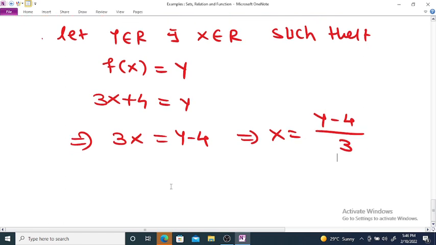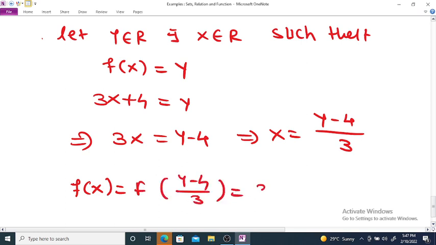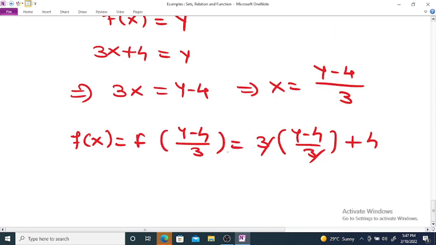So if we take x equal to (y minus 4) by 3, then f of x, which is equal to f of (y minus 4) divided by 3, is equal to 3 times (y minus 4) divided by 3 plus 4. This 3 will get cancelled, and y minus 4 plus 4 gets cancelled, and it is equal to y.